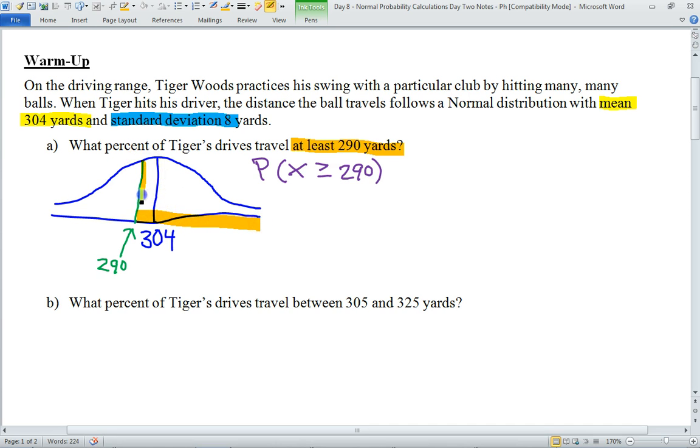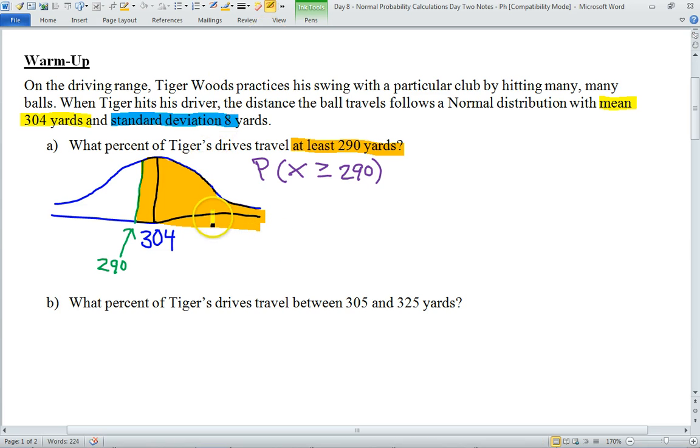Okay, the part that's greater than 290. So this is what we're talking about. Okay, that's the part of the graph that we're interested in, the part that's greater than or equal to 290.